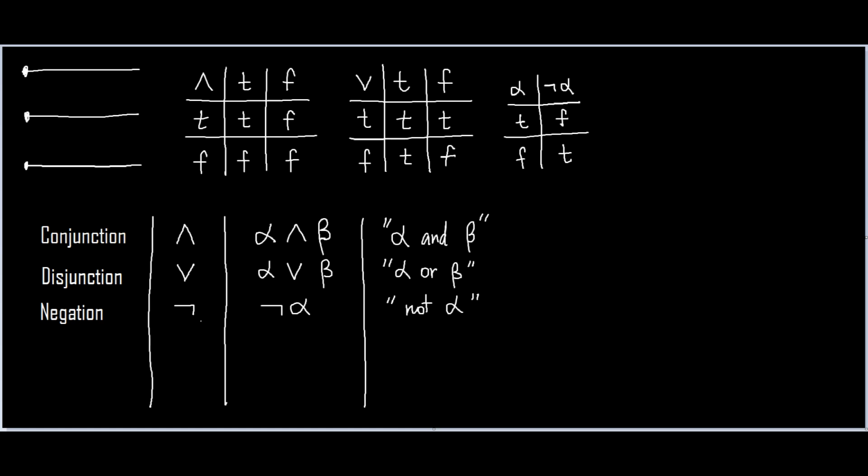Okay, then we've also got the symbol called implication. That one again has two inputs, alpha and beta. The way we can read this is alpha implies beta.